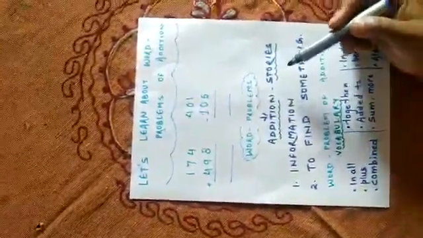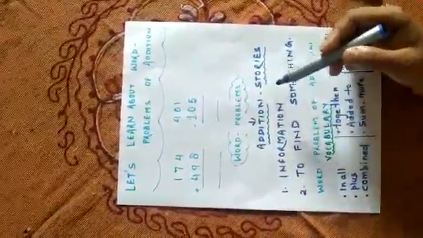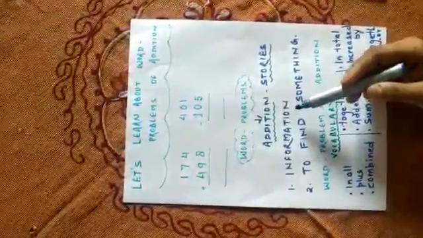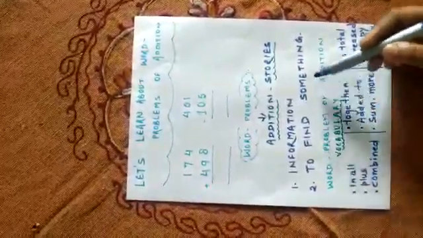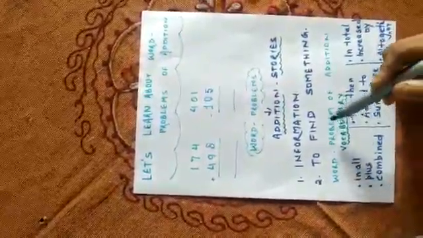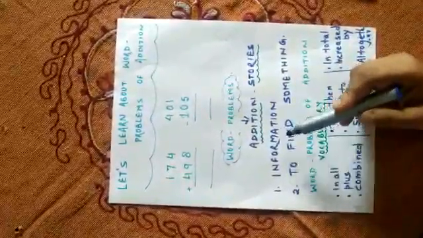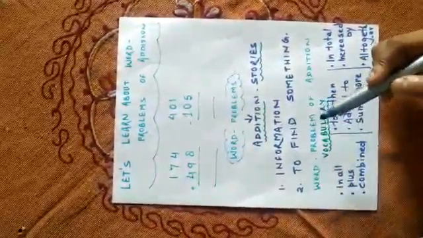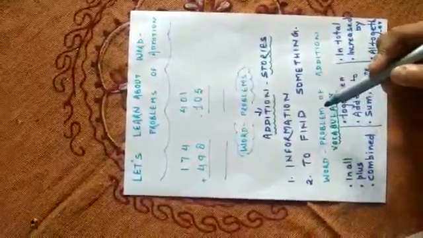We have to read the problem first. These addition stories give us information and then ask us to find something. So we have to understand what the information given is and what we have to find out.